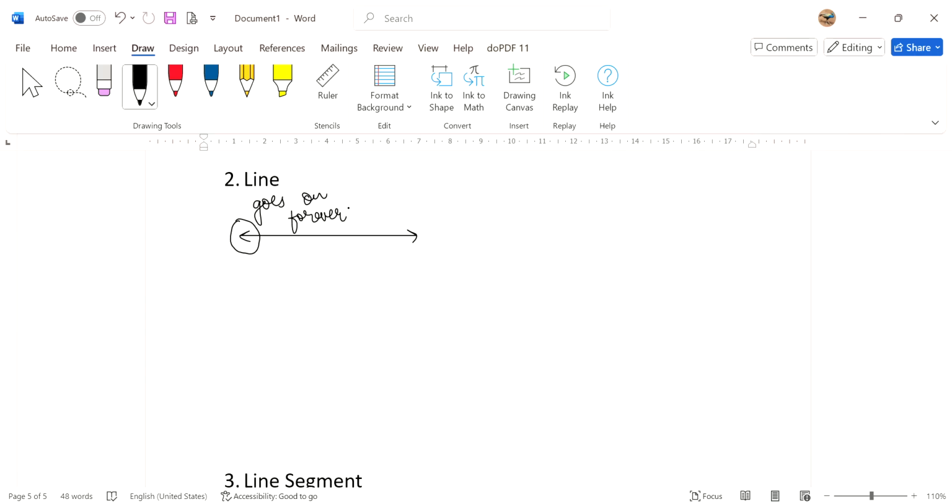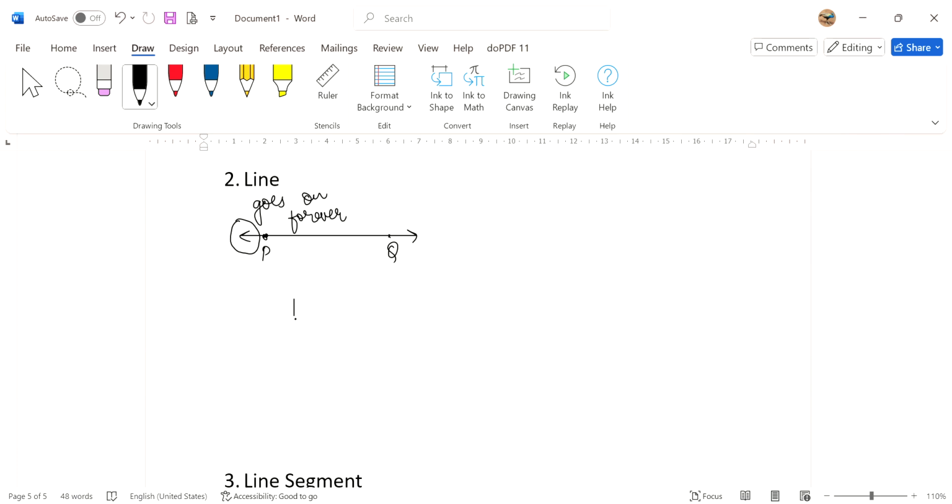Alright, so if there is an arrow over there, it means it is not ending there. It will always keep going on till something obstructs its path. You don't have any obstruction, right? So it is going on in both directions. Okay. Now suppose this line has a point P over here, and a point Q over here.